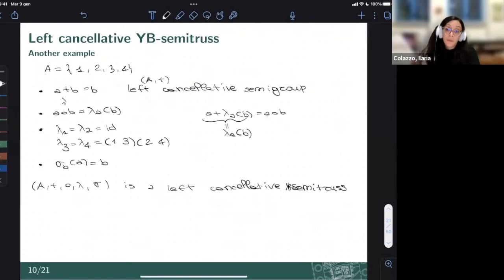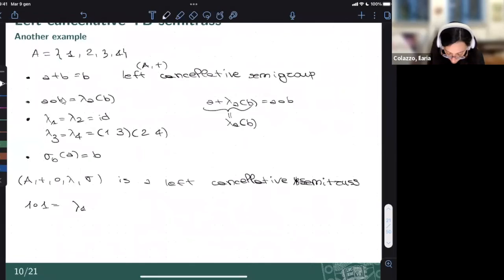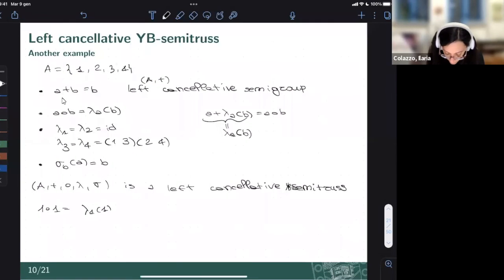What I want to show now is that if we look at 1 circle 1, this is by definition just lambda 1 of 1, that is equal to 1. So 1 is an idempotent element, but 2 circle 1 is lambda 2 of 1, which is again equal to 1.